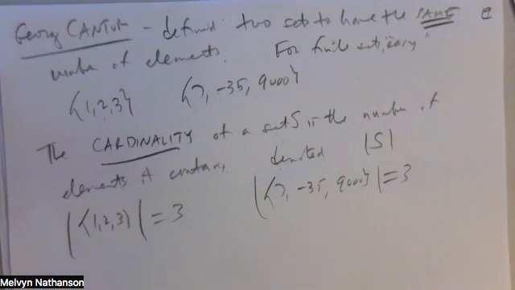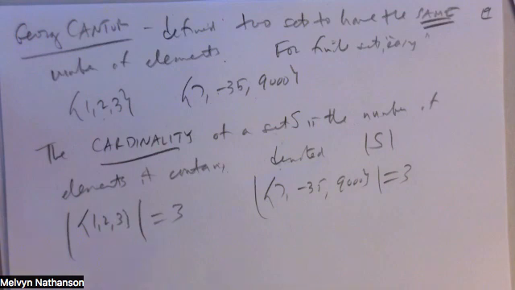So these sets have the same number of elements, or the same cardinality. But we want a notion of equality of number of elements that applies to infinite sets as well as finite sets.